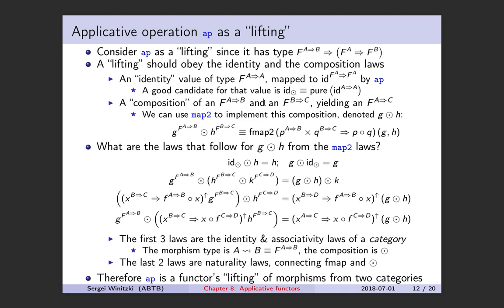Now, the second question is, how do we check the composition law? Well, in the usual functor lifting, it's clear what the composition is of two functions, a to b, b to c. They compose and they get a function a to c. And similarly here, you compose FA to FB, FB to FC, and you get FA to FC. So here we have this type, however.